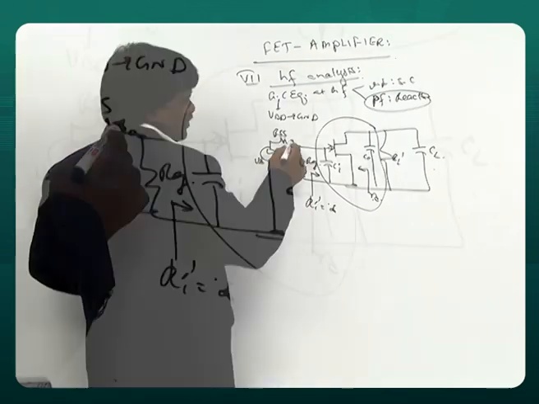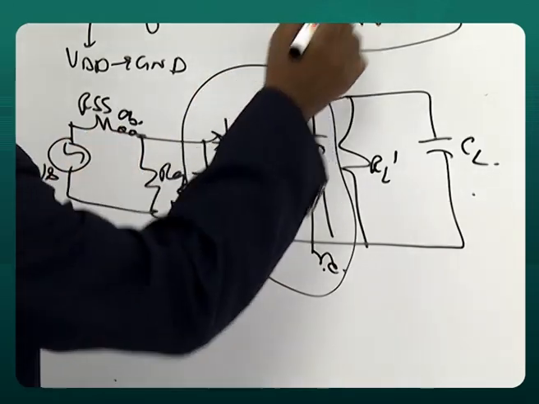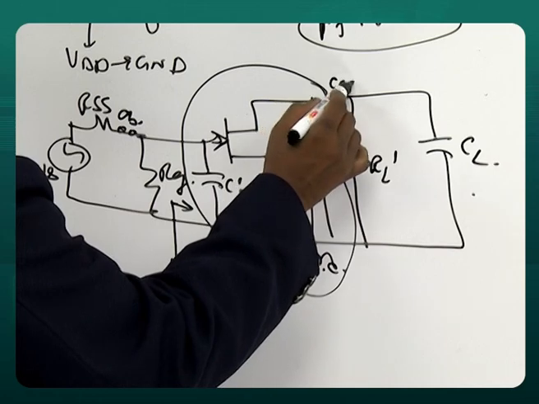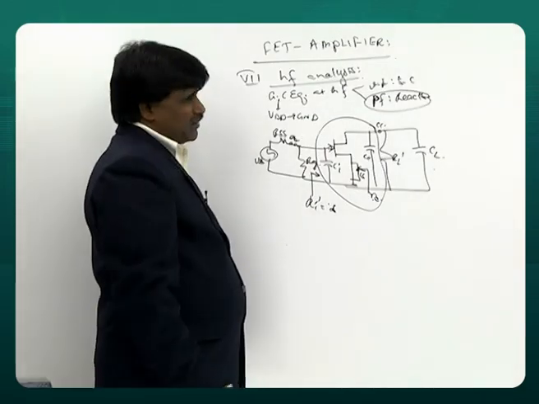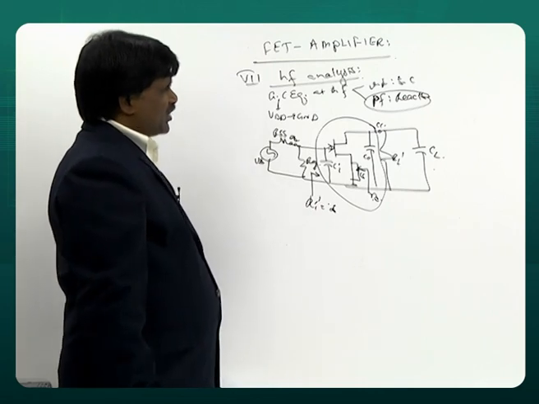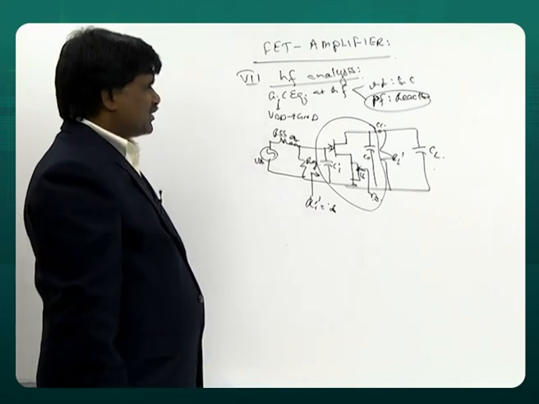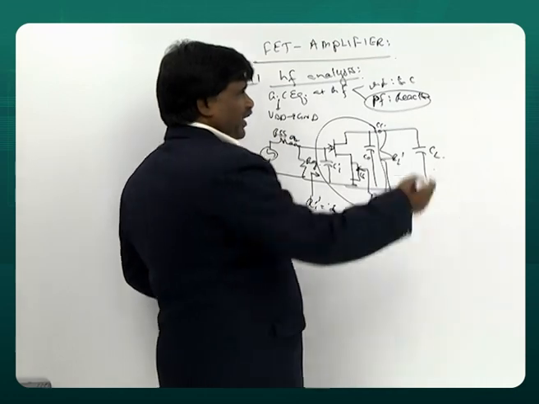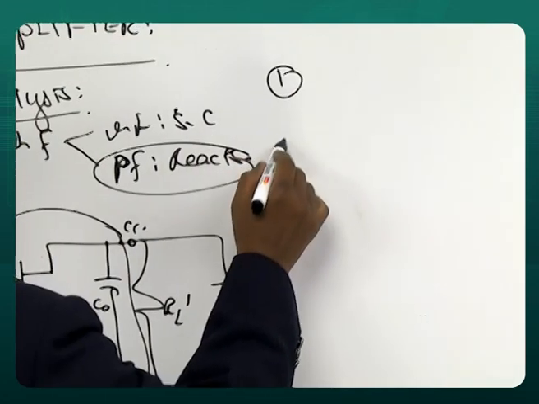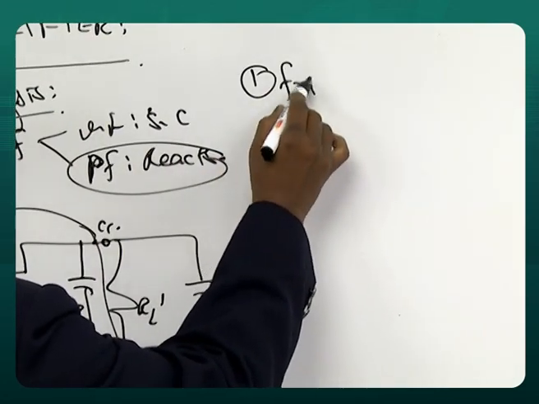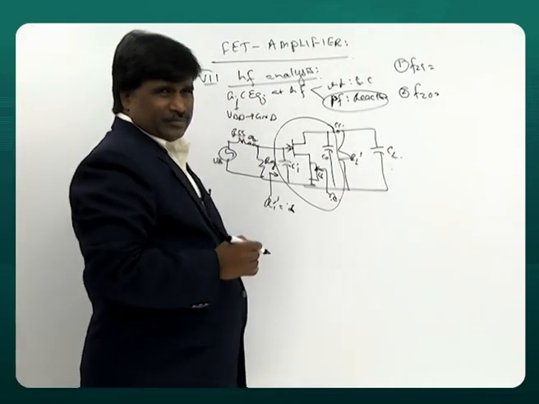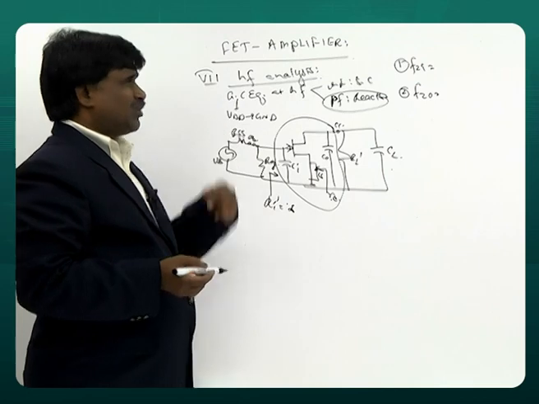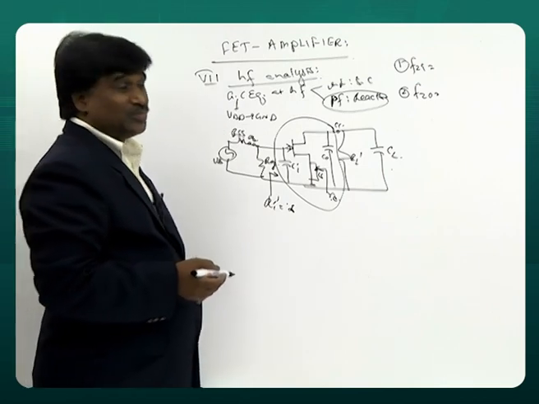What happened to CB? Shorted. CC? Shorted. CS? Shorted. As I said, all microfarads are shorted and only picofarads exist there. Now I have to calculate input cutoff, output cutoff. Because it's high frequency, I am calling it F2.